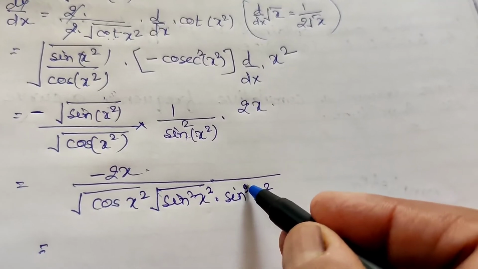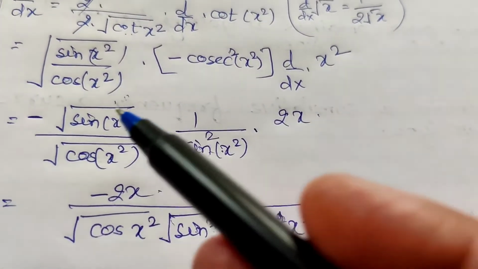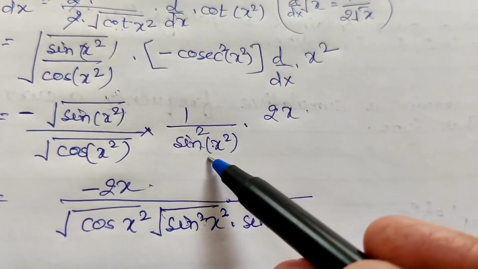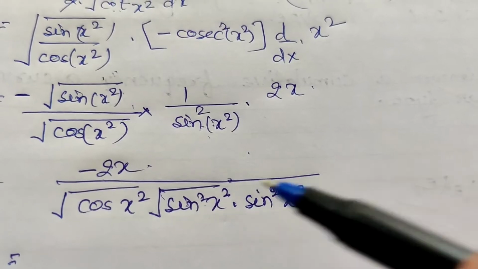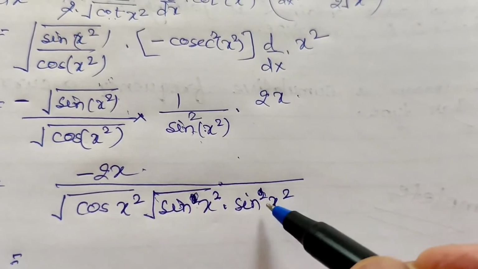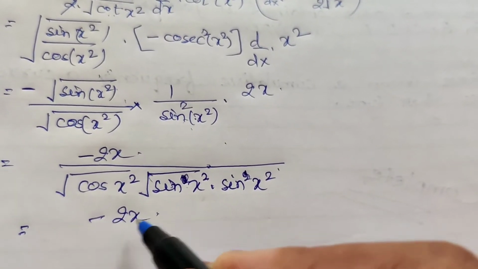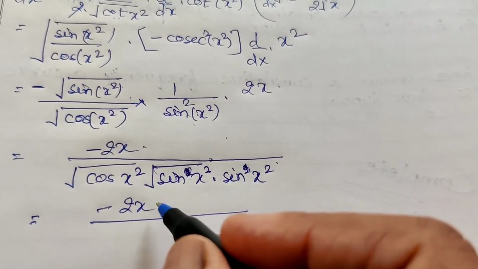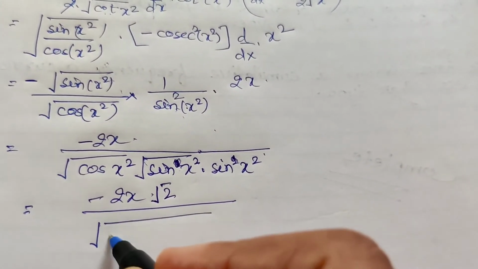Sin x, not the sin square under root. The power of sin x is 1 by 2, so it is 1 minus 1 by 2, which is equal to sin x square. Now 2x, and multiply by root 2 in numerator and denominator.